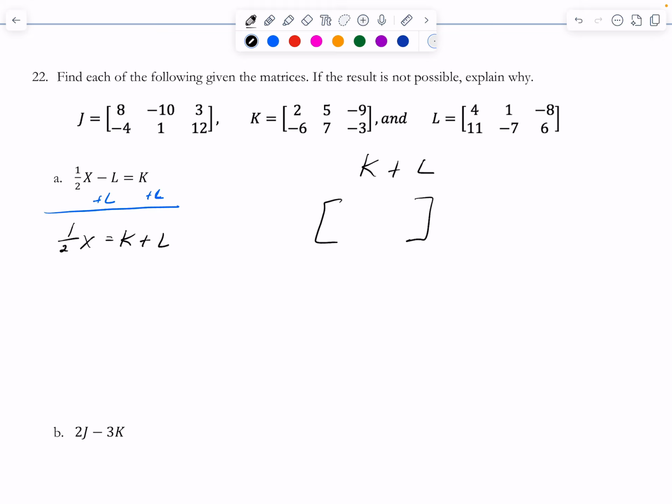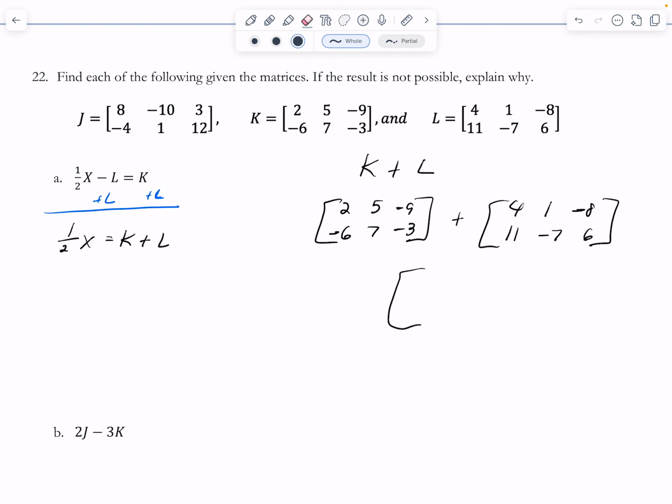So K is 2, 5, -9, -6, 7, -3, plus matrix L, which is 4, 1, -8, 11, -7, 6. Add those together, and you get 6, 6, -17, 5, 0, and 3.